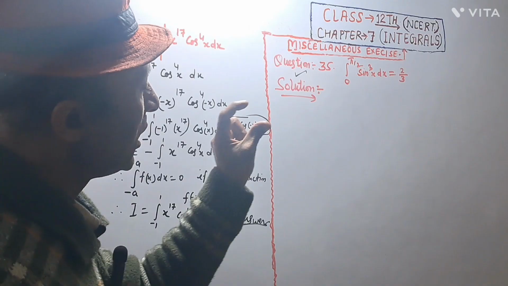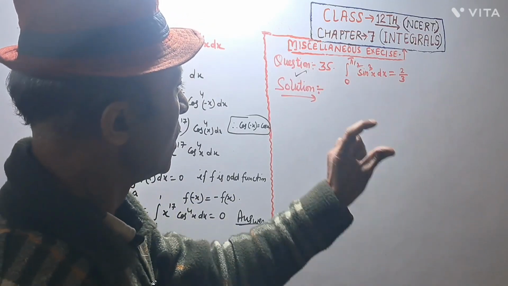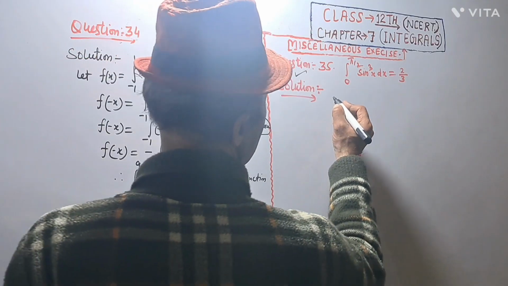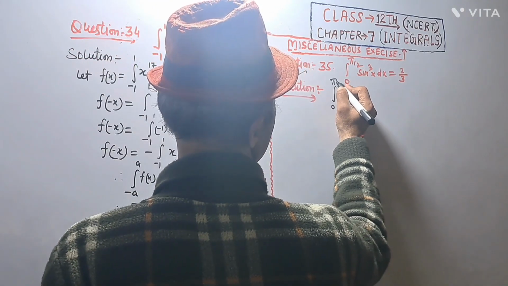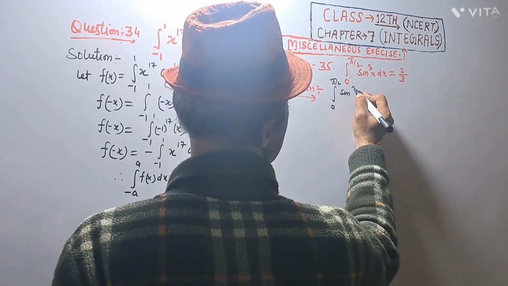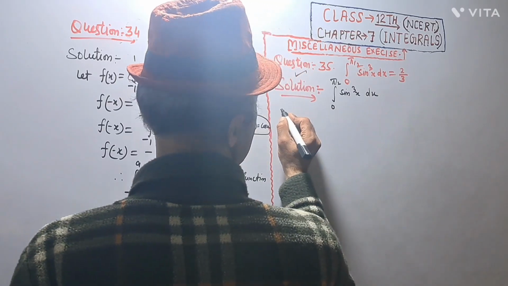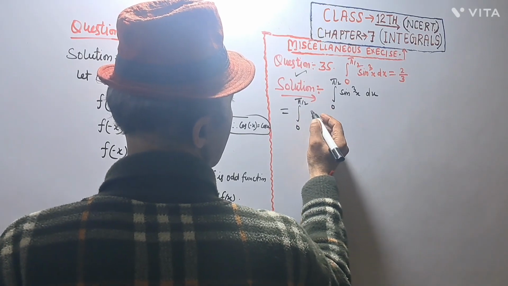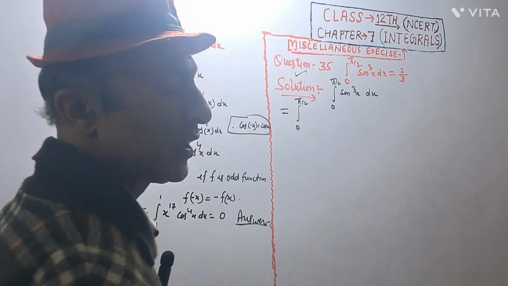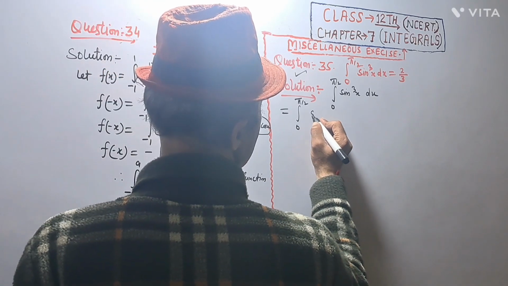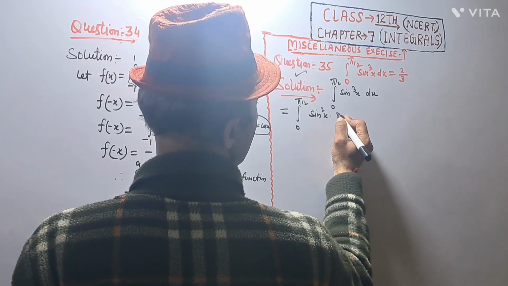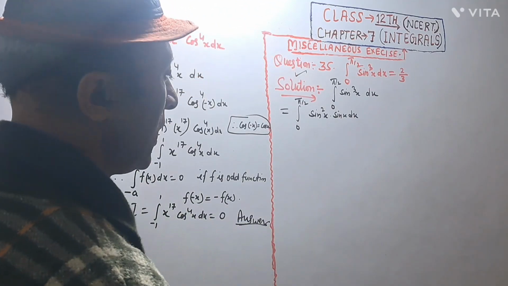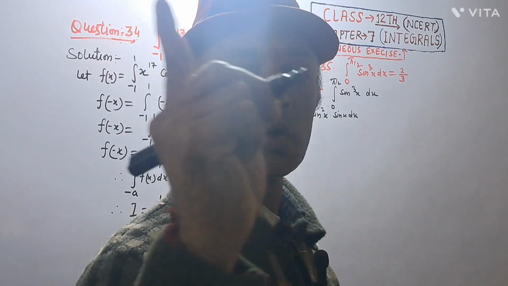Question number 35. Limit 0 to pi by 2 sine 3x dx is equal to 2 upon 3. Limits 0 to pi upon 2 of sine cube x dx, we can write sine cube x as sine square x into sine x dx, and sine square x is equal to 1 minus cos square x.